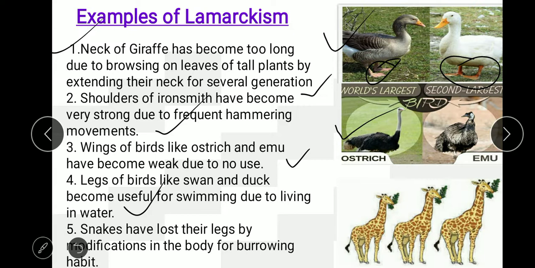In the same way, when we see the fifth example, snakes have lost their legs by modification in the body for burrowing habit.